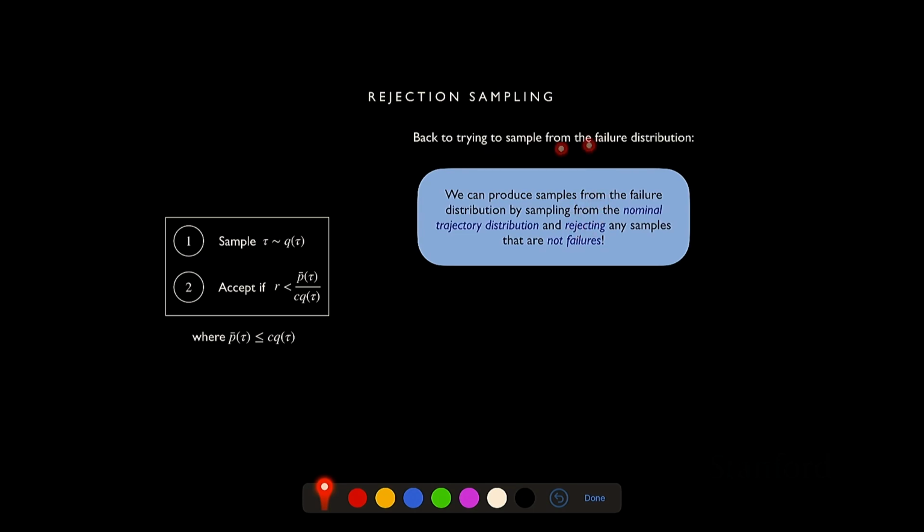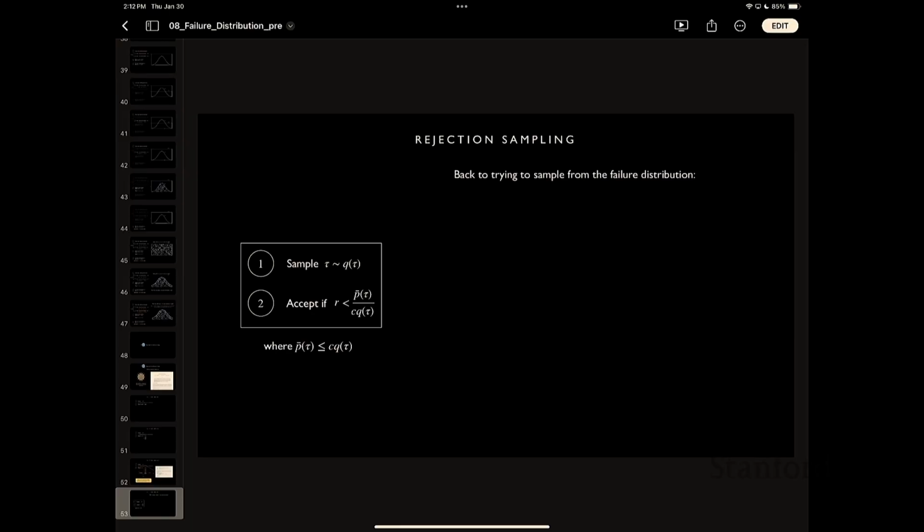Yeah, so let's talk now back to trying to sample from the failure distribution. This was our ultimate goal here. So I'm gonna write some stuff out here. This is our goal.